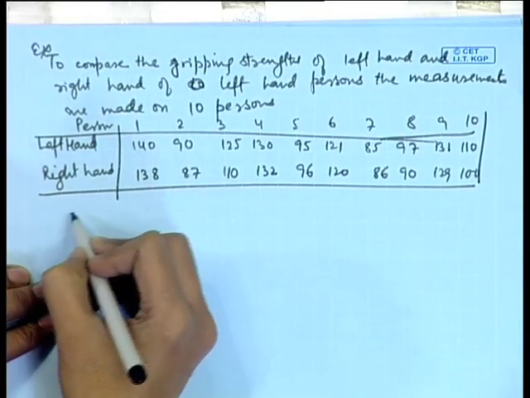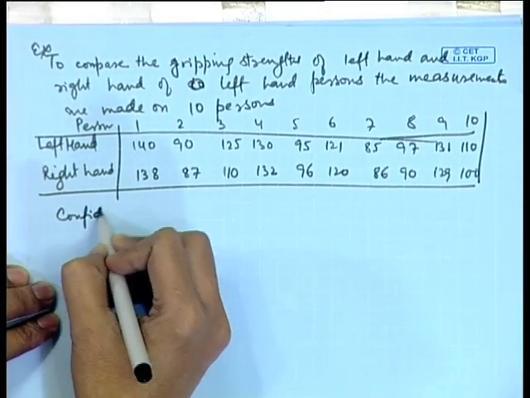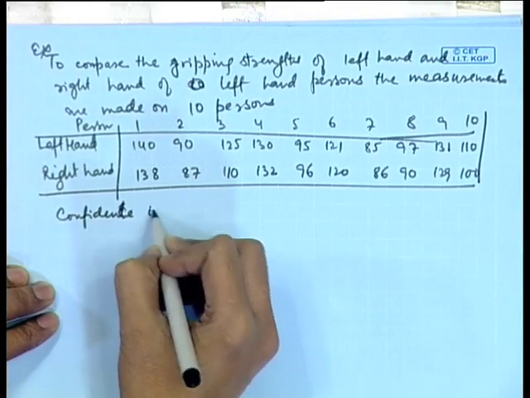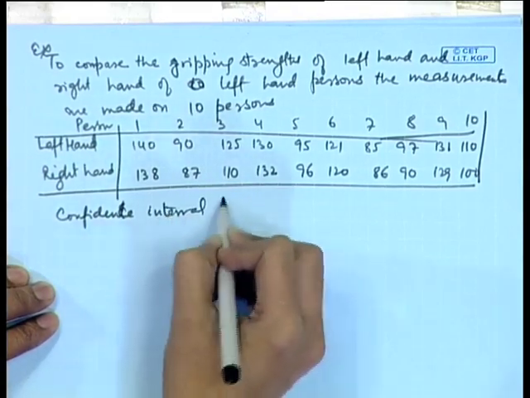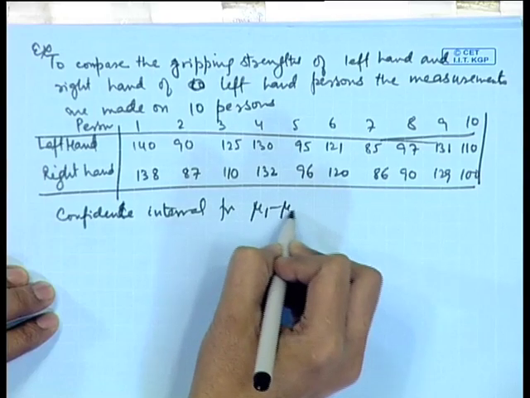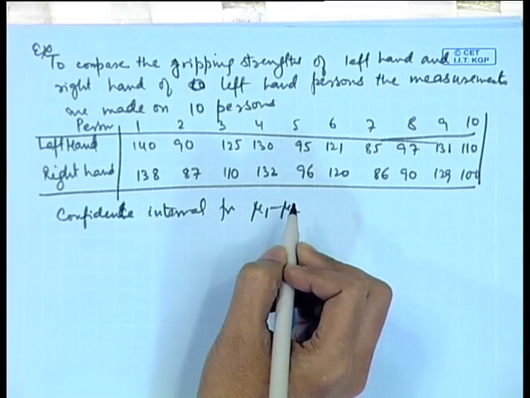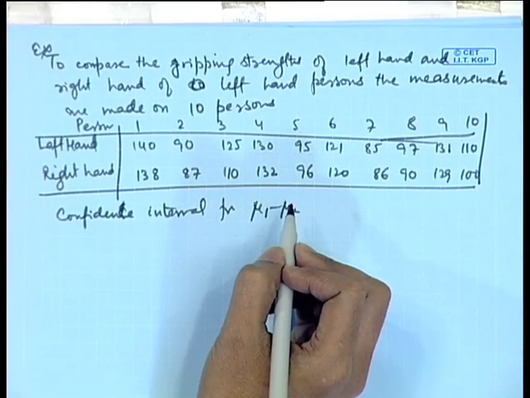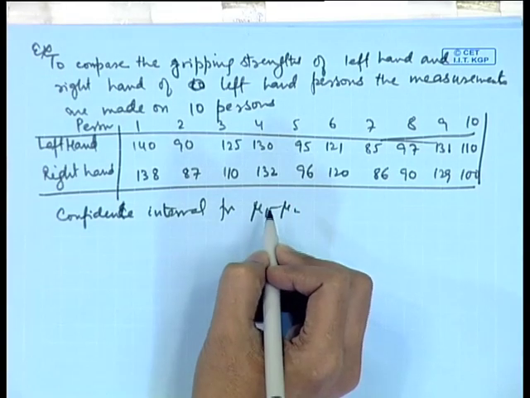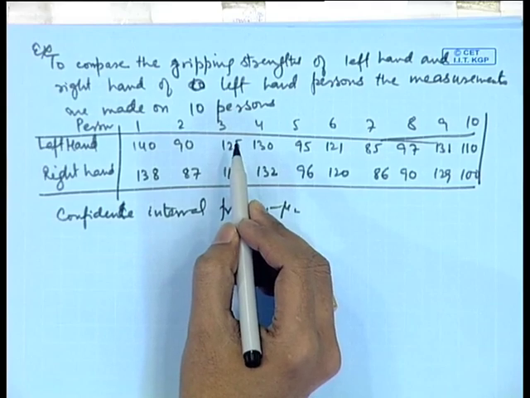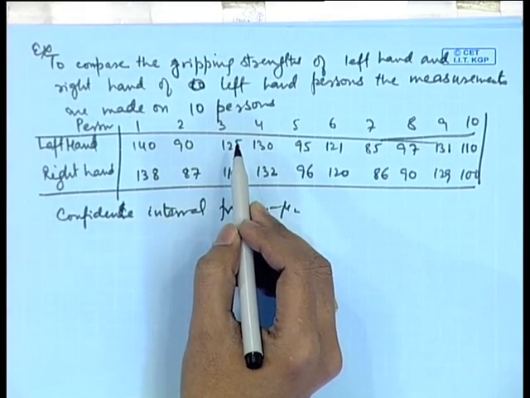So, we need the confidence interval for say mu 1 minus mu 2. Now, observe here that this is the data related with the correlated observations. So, we will need here the means of.